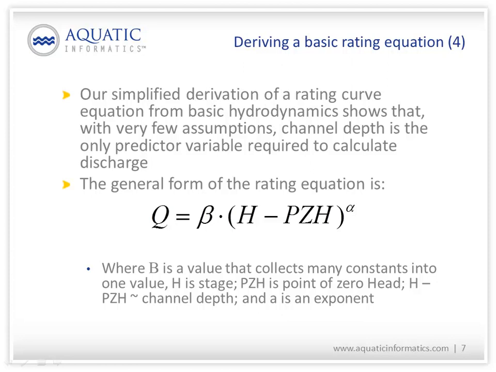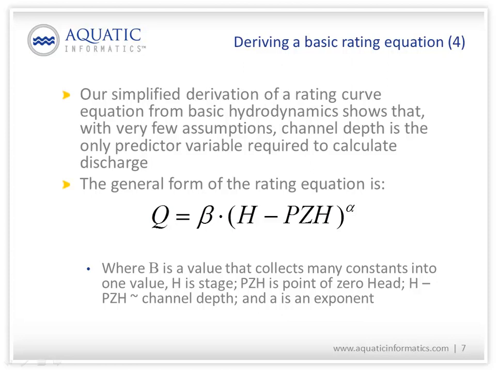Now you can well imagine that if your head drops to zero, your depth drops to zero at the same level. And so this is one way that we can use what we're actually able to measure and monitor, stage, and relate it to terms that are valuable in a hydraulic relation.